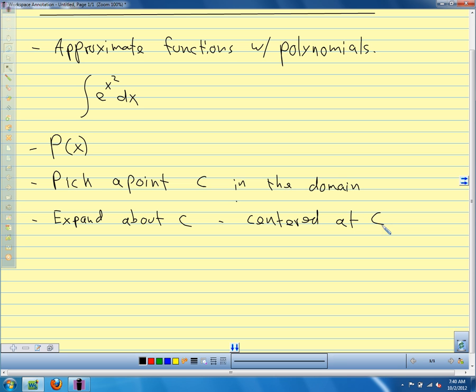A nice idea that I heard a teacher use to explain these polynomial expansions is this: say we saw a car driving by outside our window, and we leave the room. But when we come back, we want to have an idea of where the car is.